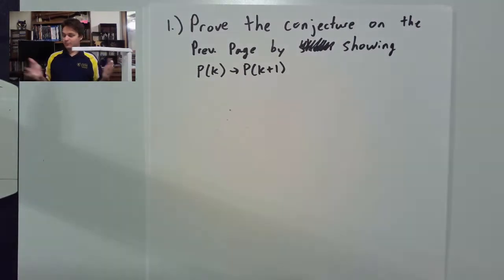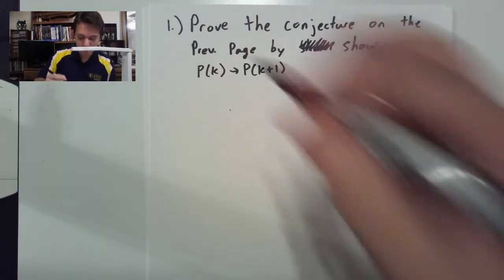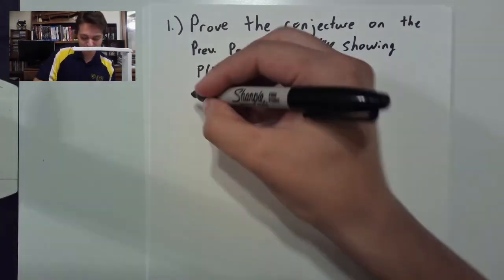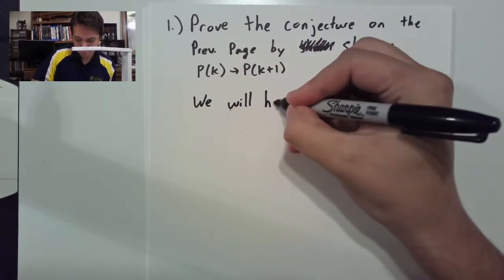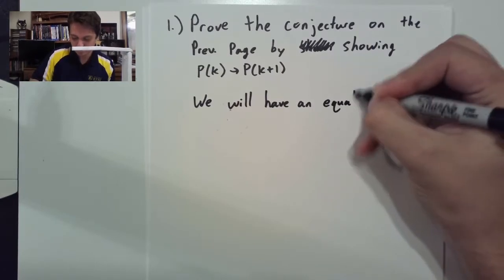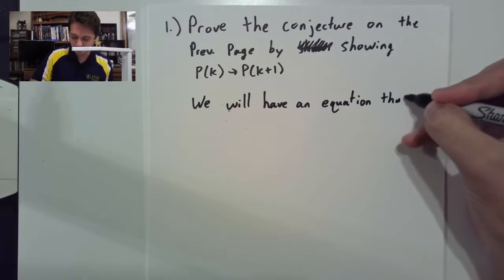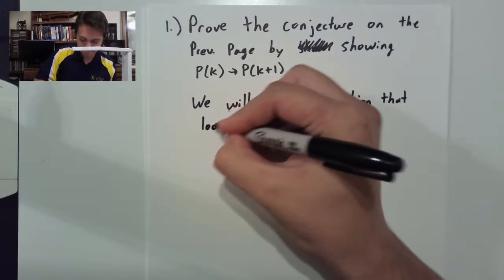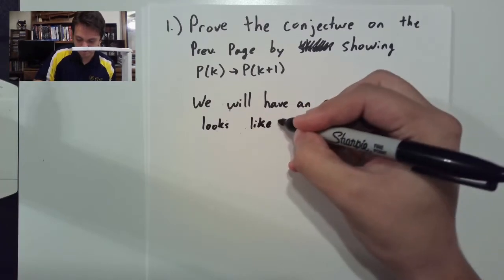And what does that mean? That means we're going to eventually have an equation. We hope to have an equation that looks a certain way. Well, what way might that be?